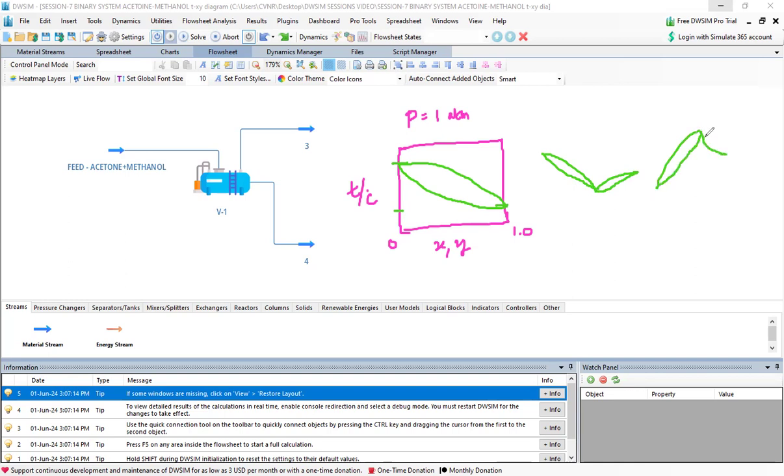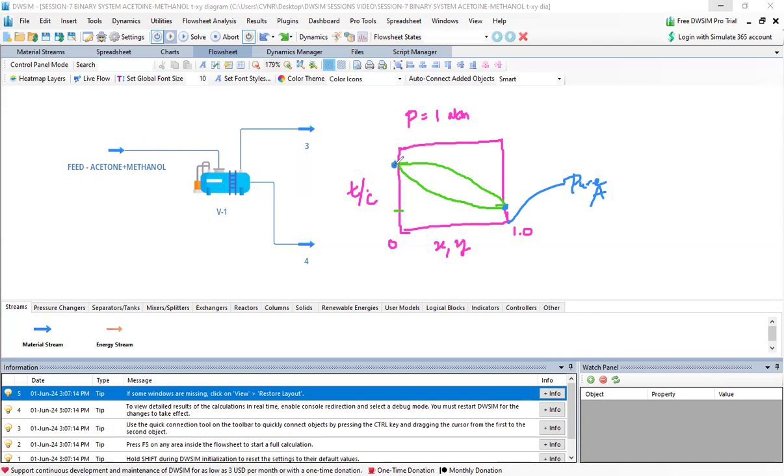That means if there is an azeotrope formation, the curve is not as smooth as drawn in the box. So at this place, this is pure component A. In our case, it would have been acetone if it is ideal.